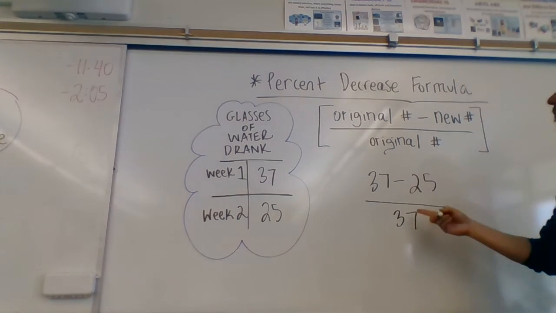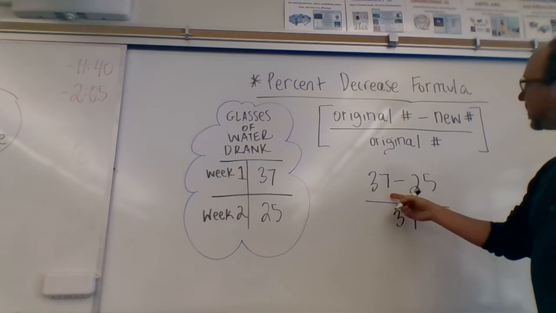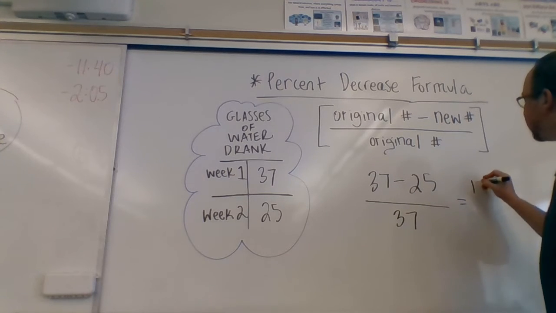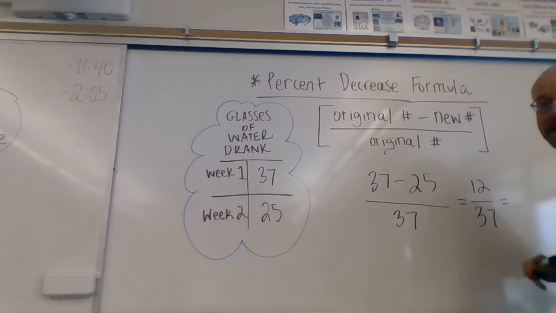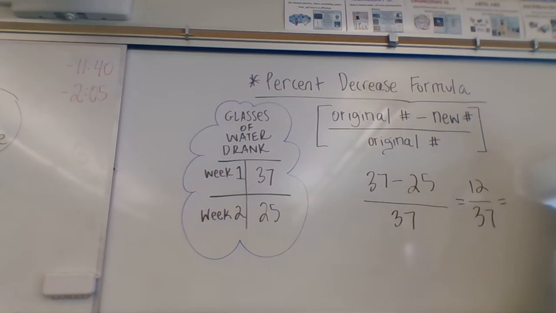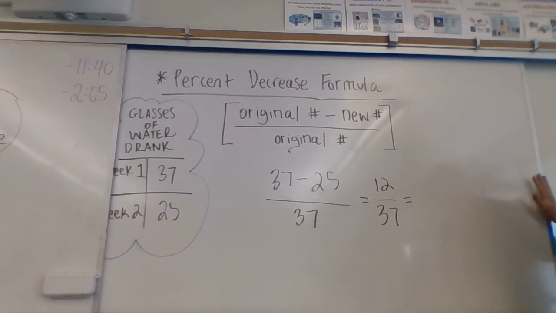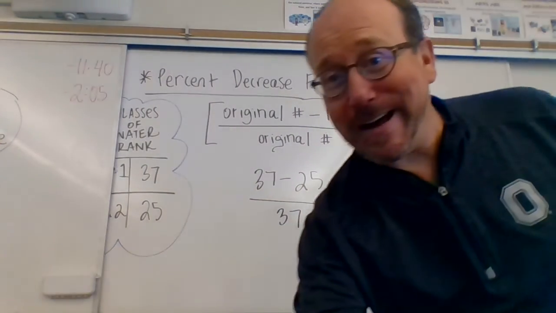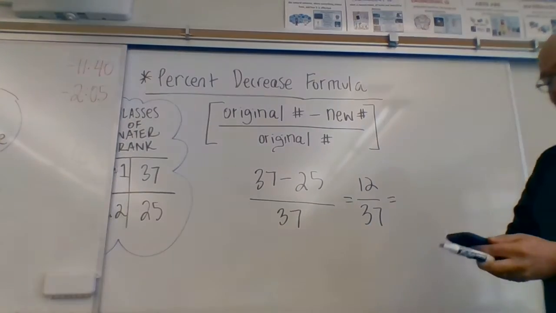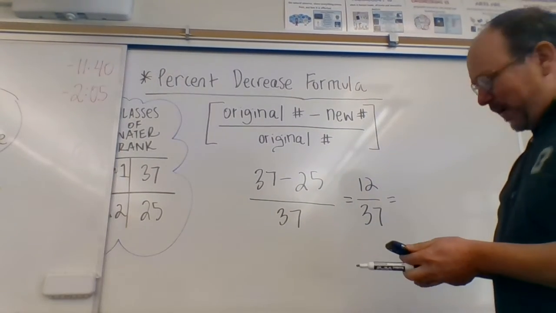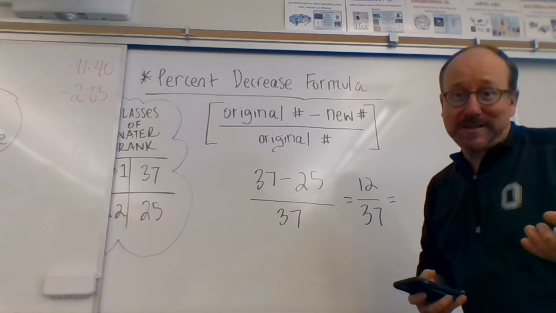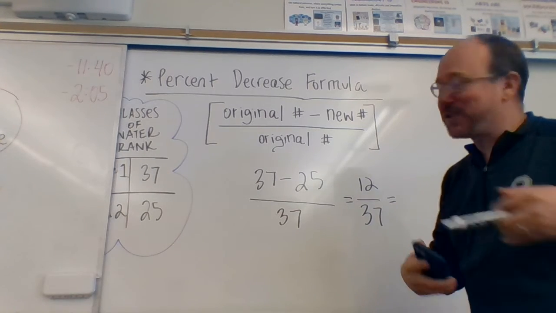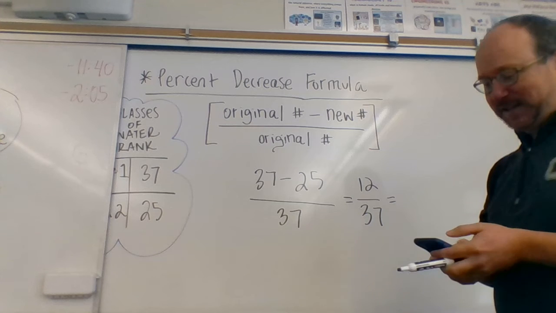Okay, so we're going to look at 37, take away 25 is 12, and then that's dividing by 37. Please absolutely feel free to do the long division. I'm going to go ahead and use my calculator on this, but you always estimate, right? So 12 out of 36, what would you estimate this to be?